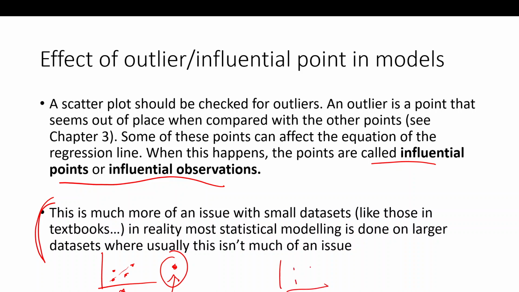However, if we have billions of data points and just one little point out here, who cares? That point is not going to have any leverage or influence on the rest of the model anyways. You might want to exclude it, but realistically, it's not going to affect things. Whereas if you have a small data set, one little outlier can really mess everything up. That's basically the issue here.